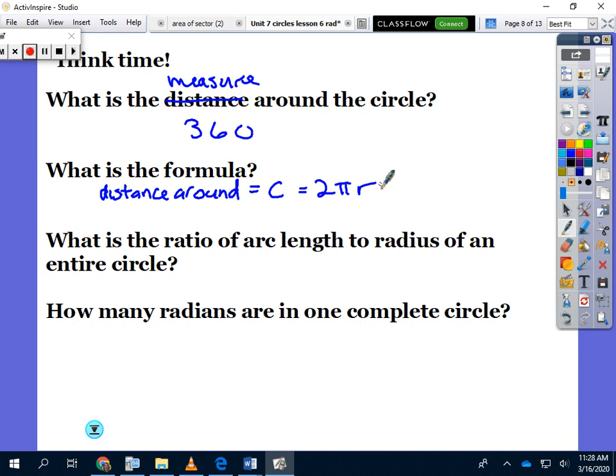What is the ratio of arc length to the radius of an entire circle? So if I was using the whole circle, it would have a length of 2 pi r. Divide that by r. So arc length to radius, well, that's just 2 pi. So in other words, the measure is 360 degrees. It's also 2 pi radians.